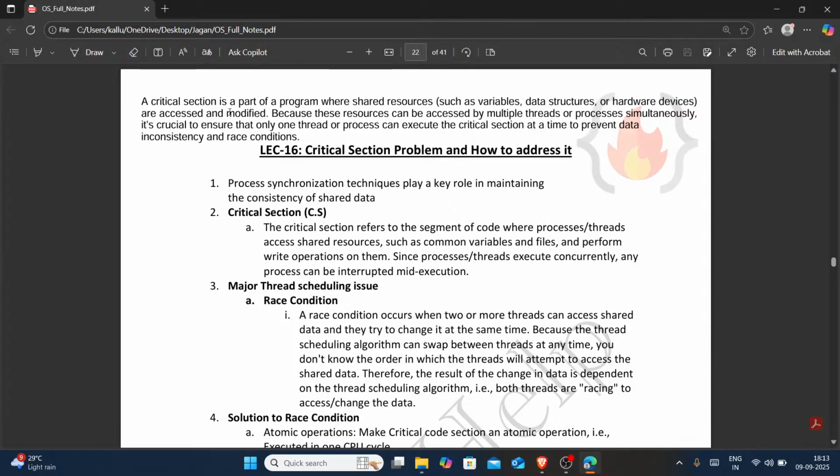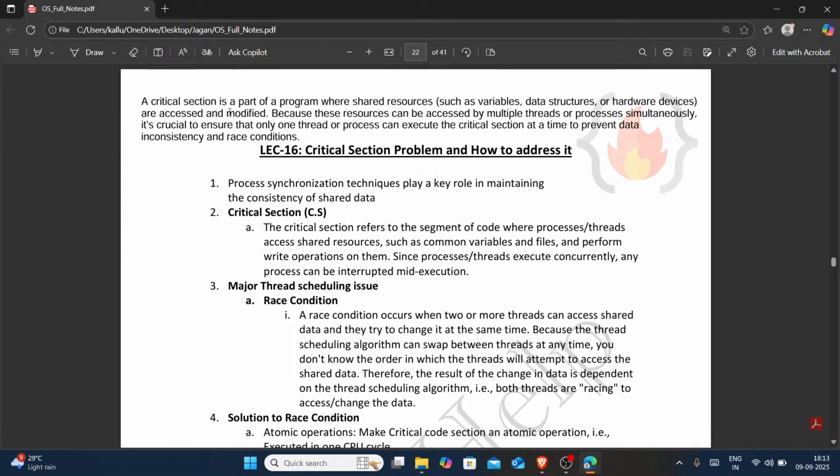A critical section is a part of a program where shared resources are accessed and modified. Now, if you think a critical section is a memory location, that is wrong. It is the part of a program where shared resources are accessed and modified.